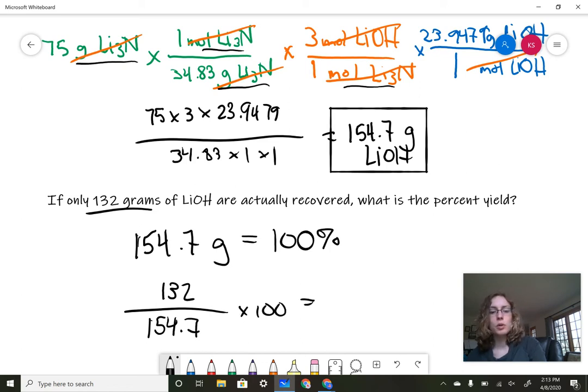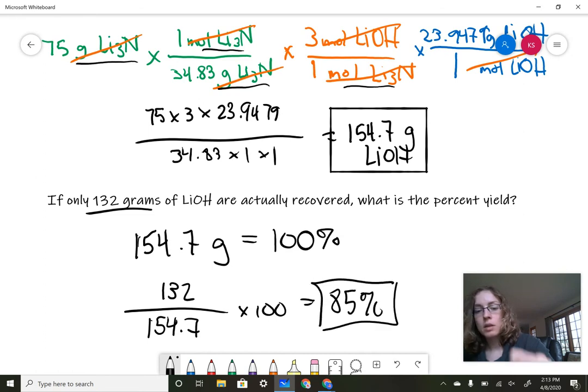It's just your typical percent calculation. I didn't do this one yet on paper. Okay, so that's about 85%. All right, so that's how you would do that.